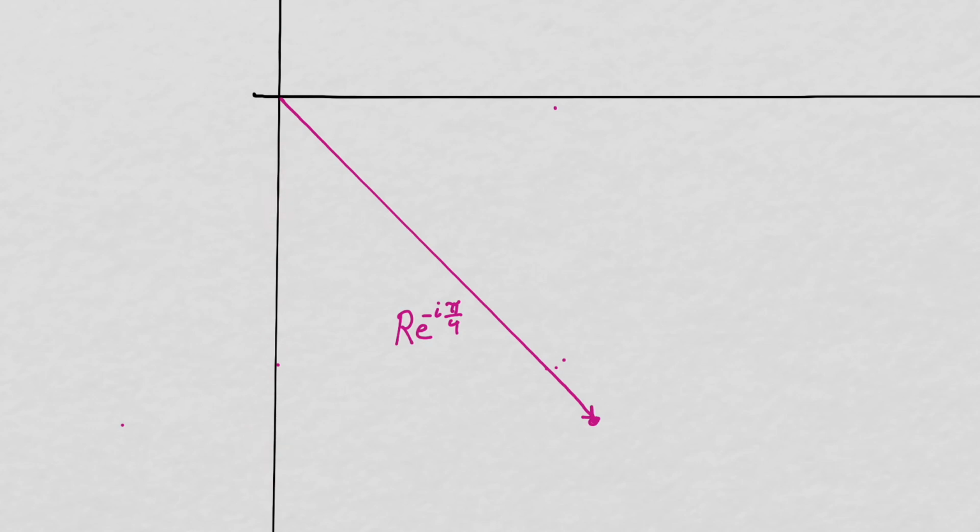So the contour we're going to use, the clever contour we're going to use, is going to go from 0 to this point, a distance r, e to the minus i pi over 4 away. Of course, ultimately, r gets infinitely big, but we're just going to set it to be finite for right now and then take its limit. Then we're going to take a circular arc just like this back to the real line.